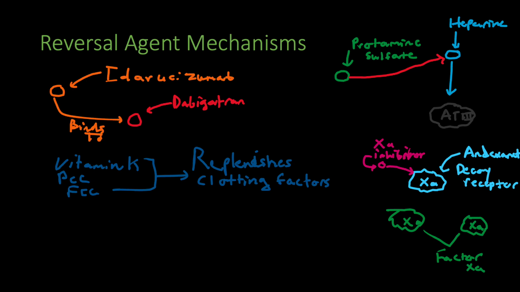It goes through a recycling step through the VKORC1, converting from inactive to an active form of vitamin K. And you know how that warfarin kind of interrupts it, it's a VKORC1 inhibitor there. So in this case, by taking vitamin K with one of these other agents, it's going to help replenish those clotting factors inside the blood. And so the clotting factors will just return back into the blood, so it will prevent further bleeding that way.